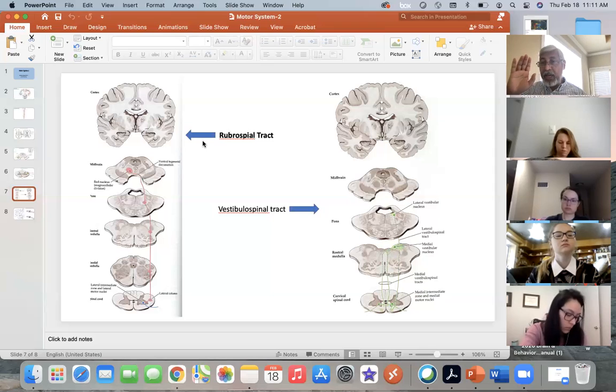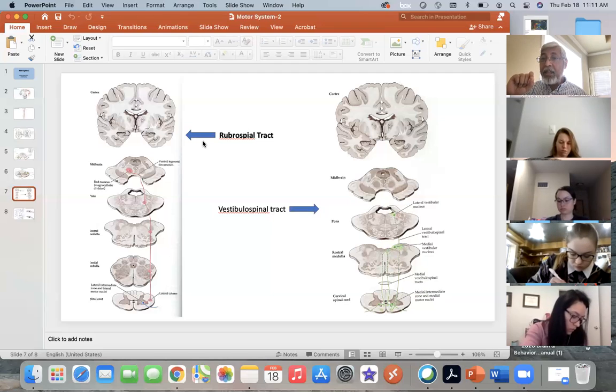So again, which tracts will mainly increase the tone of the extensor muscle? That is vestibulospinal and pontine reticulospinal. And which will increase the tone of the flexor muscle? That is rubrospinal and medullary reticulospinal. Okay, did you get that?